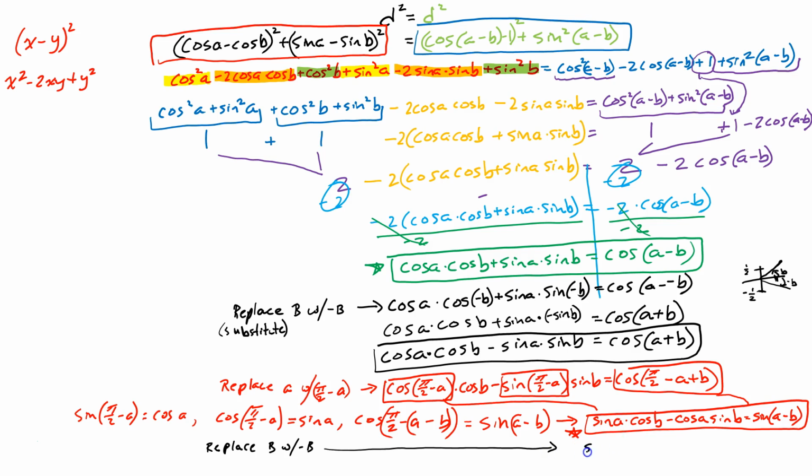That's going to give you sine A times cos of negative B minus cos A times sine of negative B equaling sine of A minus negative B. I'm running out of room here, but that gives me sine A times cos B, because cosine of negative B is the same thing as cos B. And sine of negative B is negative sine B, which I'm going to pull out, so it's going to be plus cos A sine B equals, and two negatives make a positive, sine A plus B, and that becomes your sine angle sum formula.